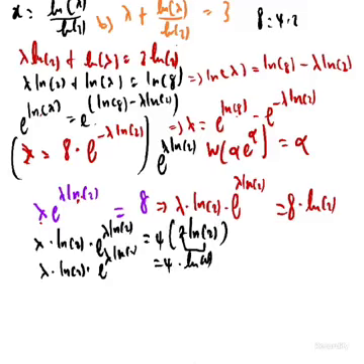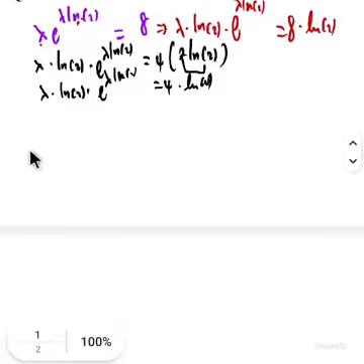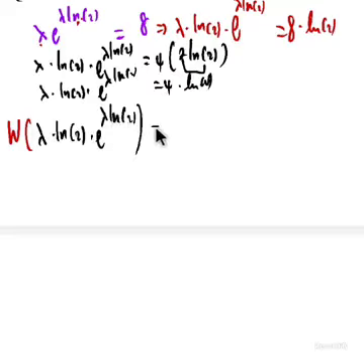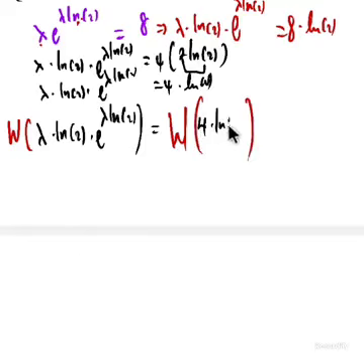Yeah, so we can now take the Lambert W function of both sides. So guys, let's do that. So we have the Lambert W function of lambda multiplied by natural log of 2, then multiplied by e raised to the power of lambda multiplied by natural log of 2, which is equal to the Lambert W function of 4 multiplied by natural log of 4.